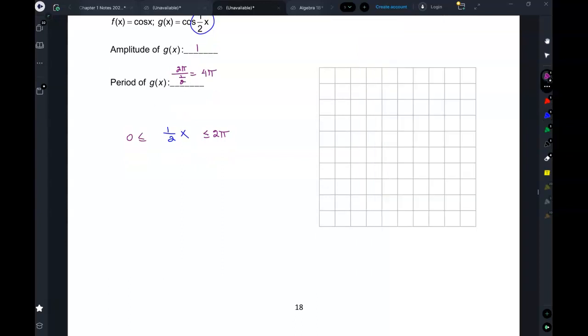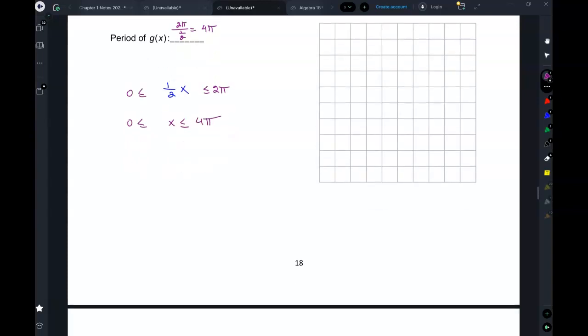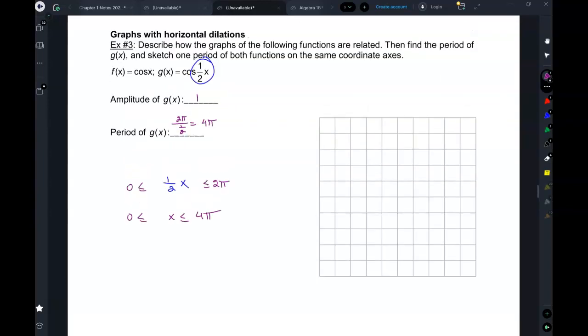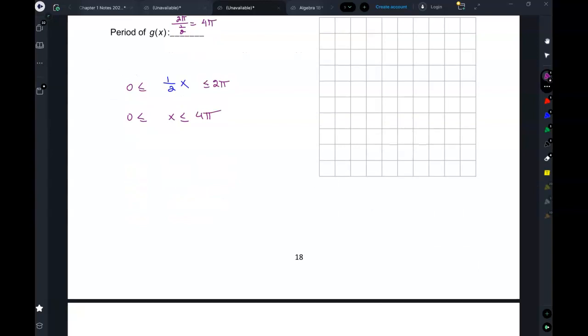So you multiply by 2 everywhere. You're going to get 0, x, 4 pi. Okay, so what this is now, this is the beginning and the end of the graphing region.